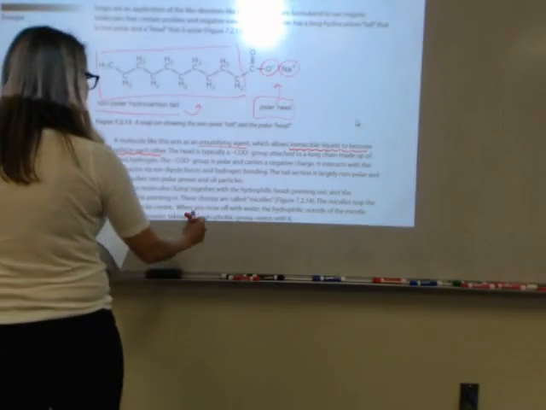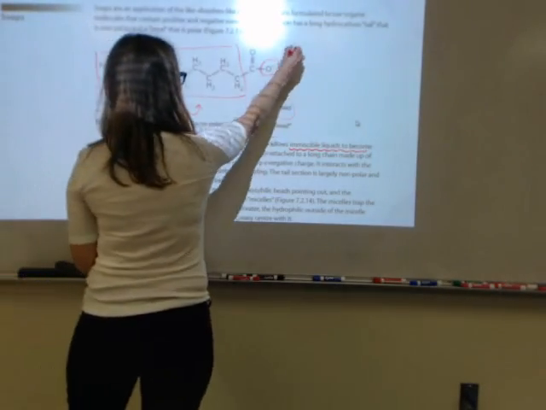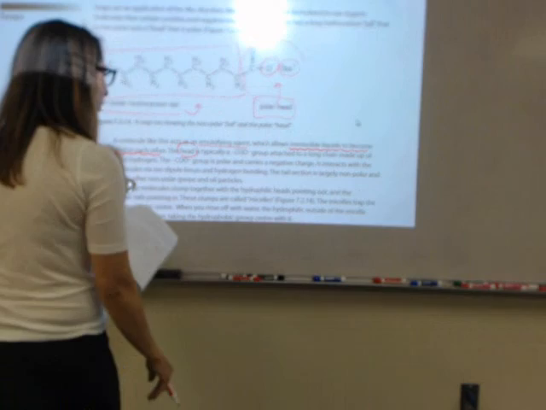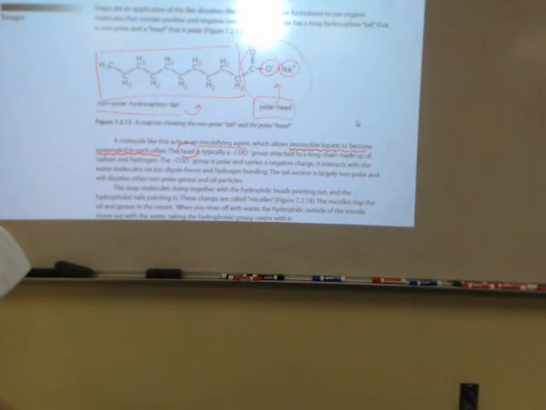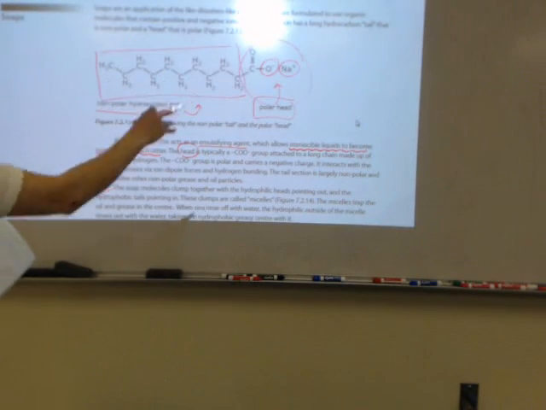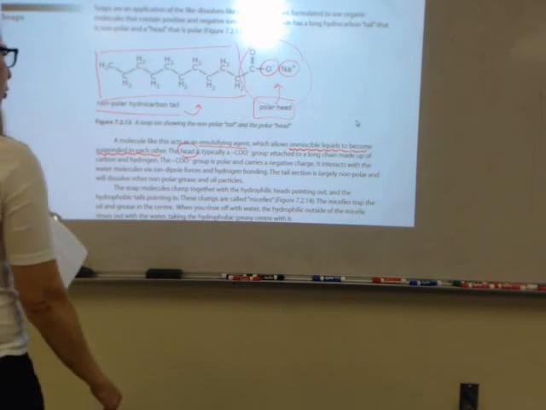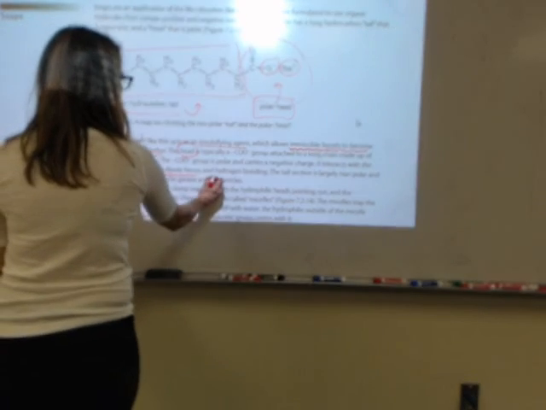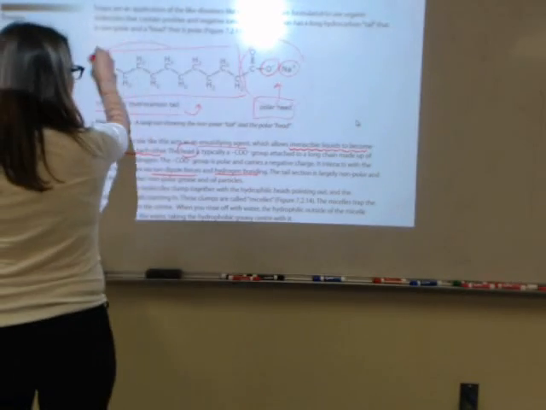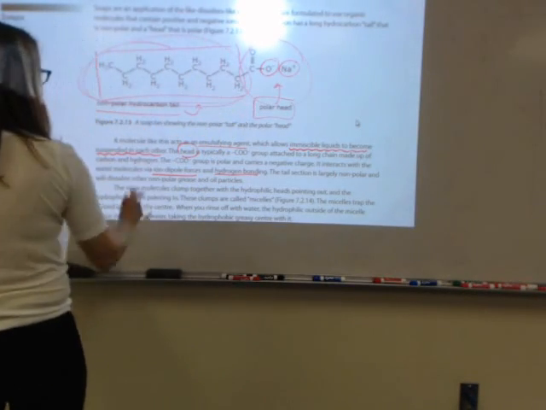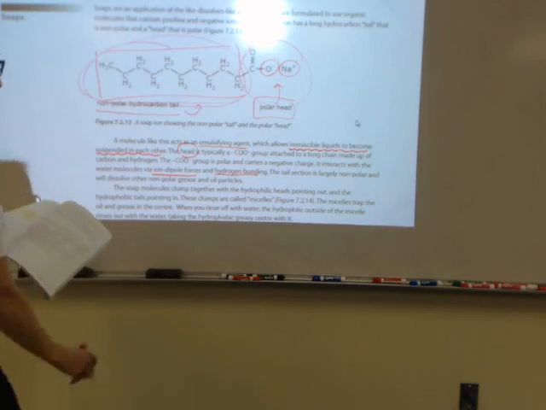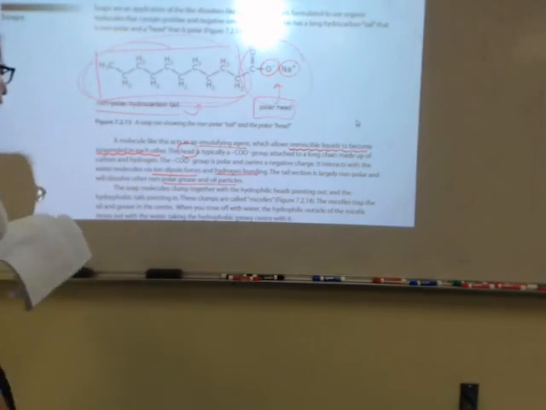So what happens is the head, which is this region over here, is polar, and since that carries a charge, it's going to interact with the water molecules through ion dipole forces and hydrogen bonding. And this tail, which is nonpolar, is going to dissolve the grease and the oil particles.